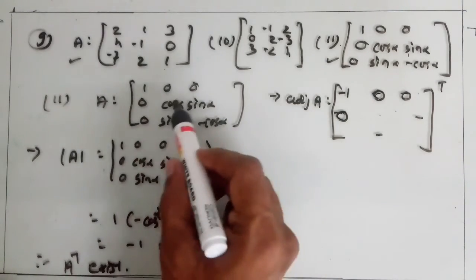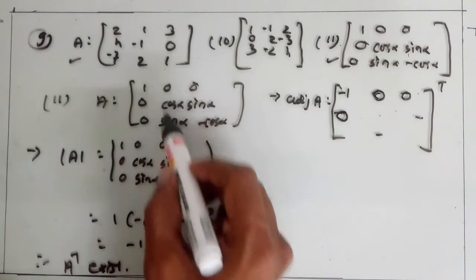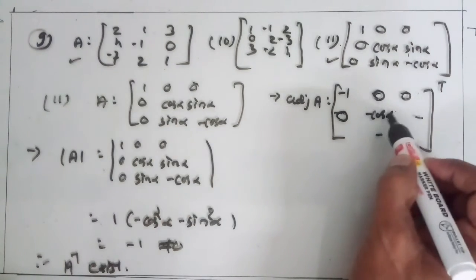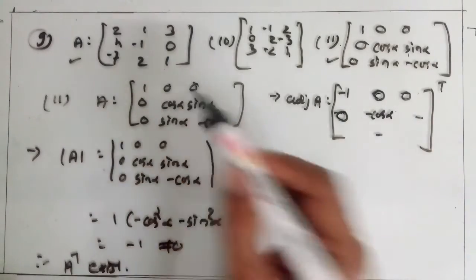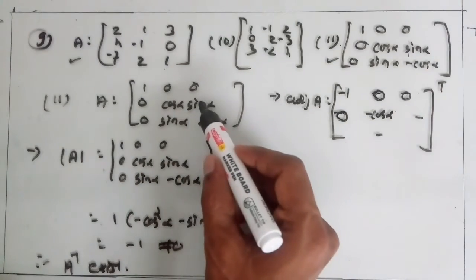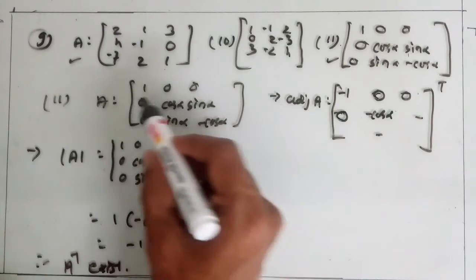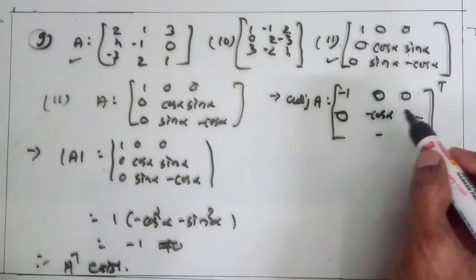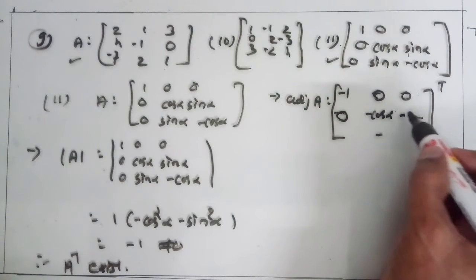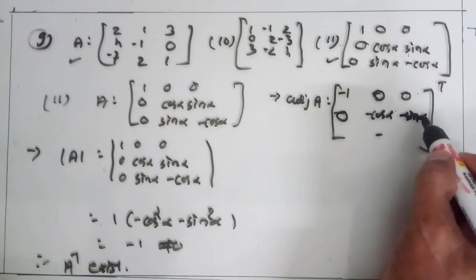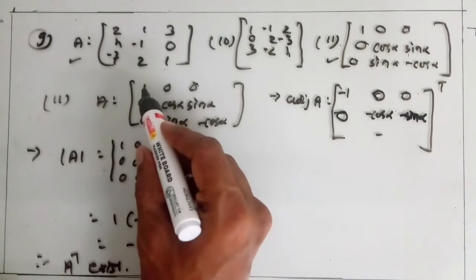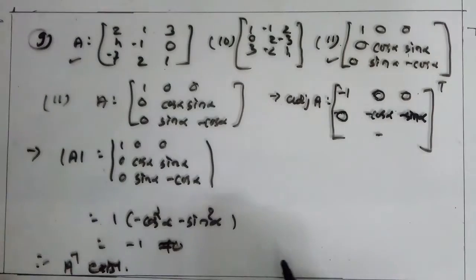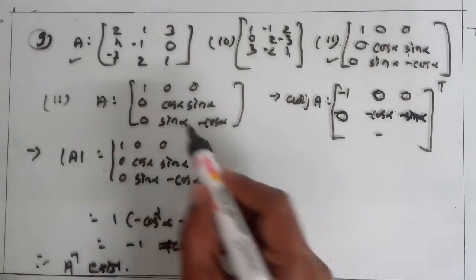Minor of cos: remove this row and column, 1 into this, that is minus cos alpha, 0 into this, that is 0. Similarly for this sin, remove this row and column, product of these two, sin alpha into minus, that is minus sin alpha. Clear? Product of these two minus 0, that is sin alpha, and apply the minus sign.